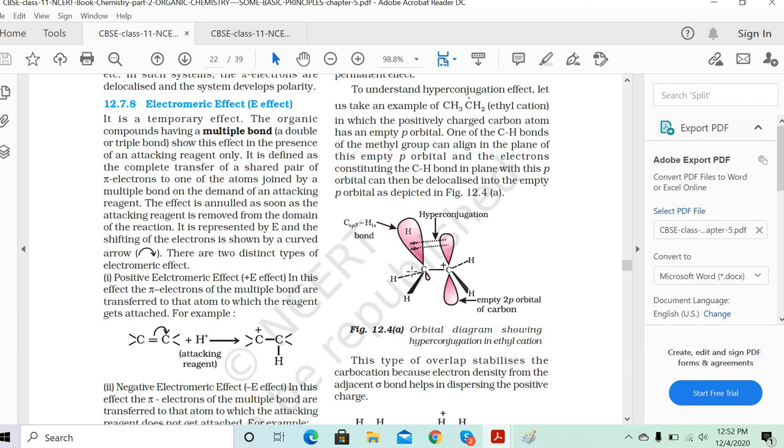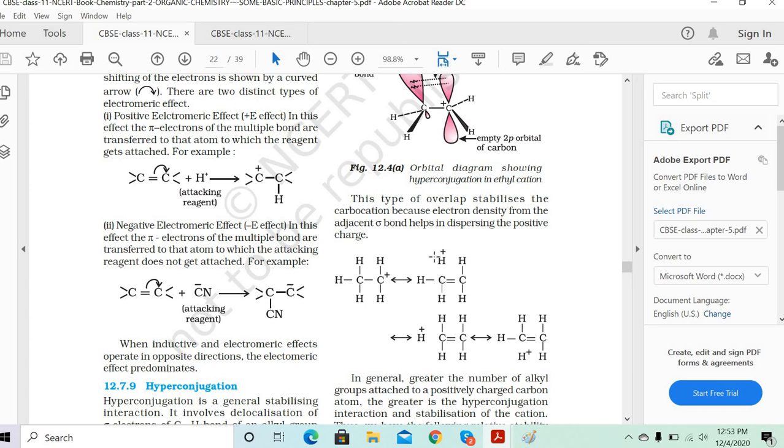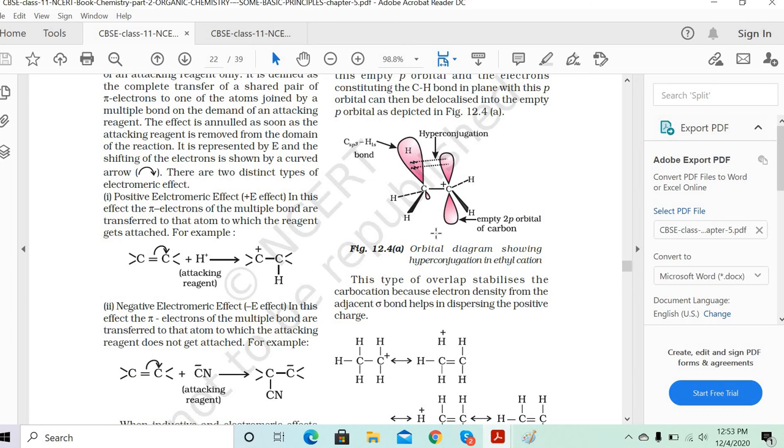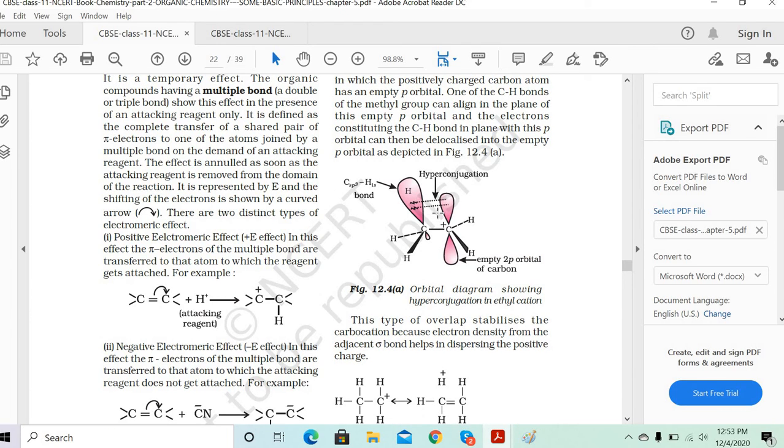So carbon is in the sp3 hybridized state, and this carbon atom has the positive ion on it, right? So how does it stabilize now? Since it is a plus carbon atom, what happens?